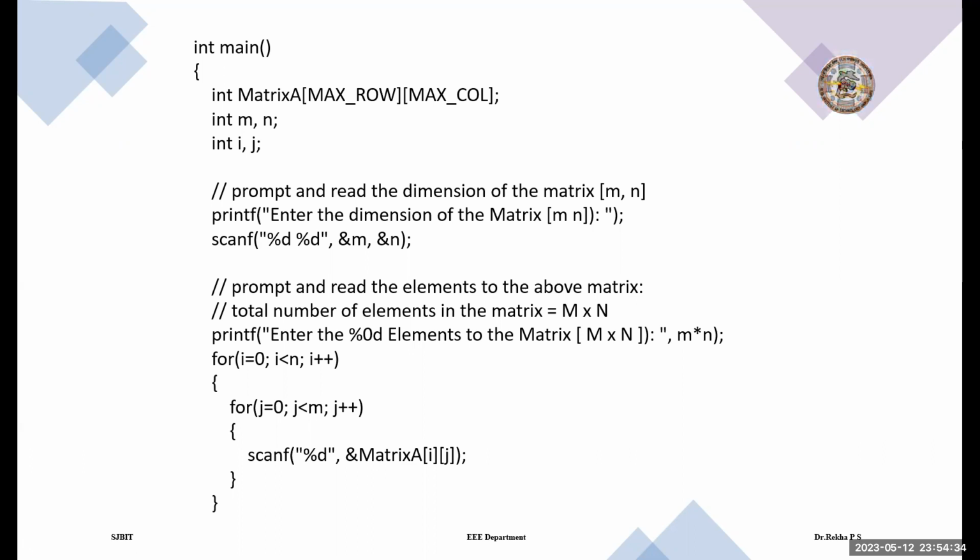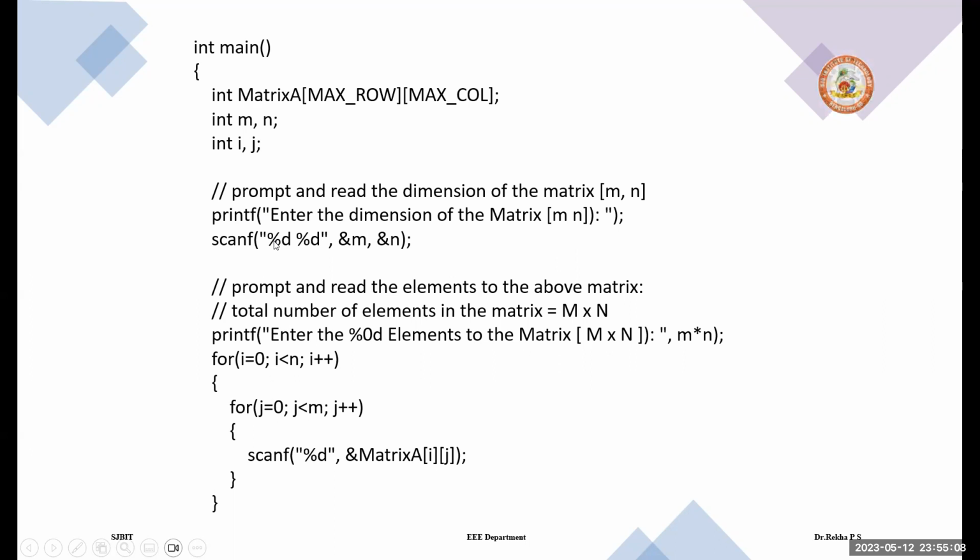So prompt and read the dimension of the matrix m, n. Using the printf statement, write what is supposed to give information to the user. You have to ask the user to enter the dimension of the matrix m and n.